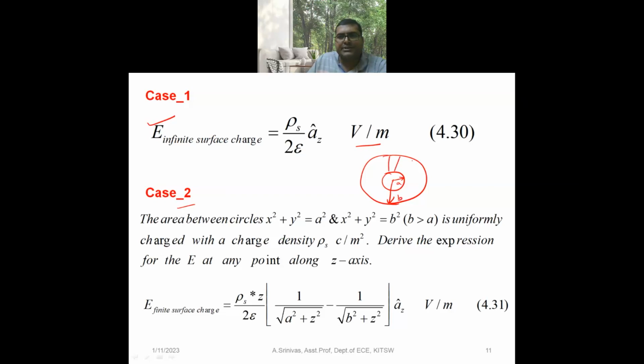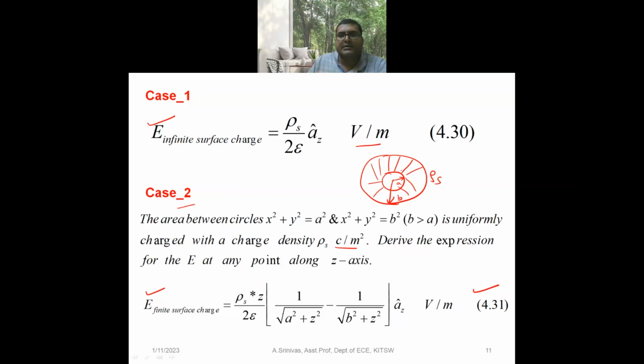The area between the circles is uniformly distributed with the sheet of charge rho s coulomb per meter square. What we need to do is calculate the electric field intensity due to the sheet of charge which is common between the two concentric circles. This can be calculated using this formula.